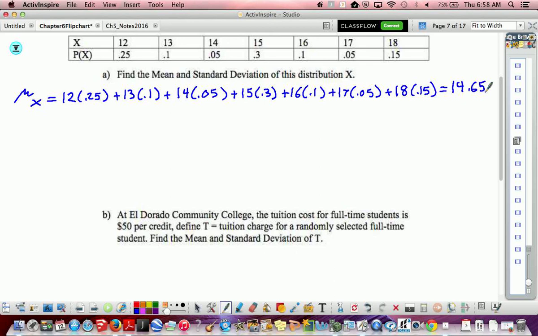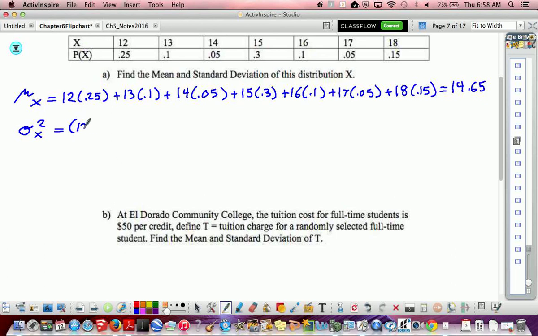All right, the next thing we want to find is the standard deviation. Remember from yesterday, in order to find the standard deviation, you actually have to find the variance first. So we're going to find the variance, then take the square root of that to get our standard deviation. So this takes a little bit more work.